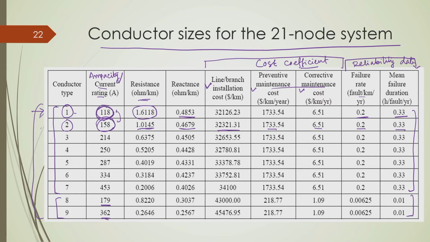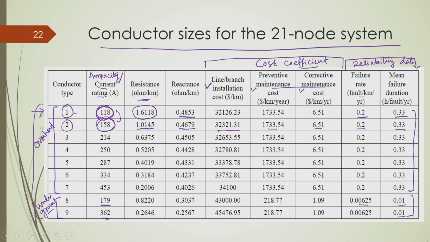So, for example, you can understand that it might be that conductor type 1 to 7 are all overhead conductor and conductor 8 to 9 may be underground cable which is having lower value of failure rate, but mean failure duration is also lower. It might be underground cable or might be built a conductor is having superior reliability parameters.